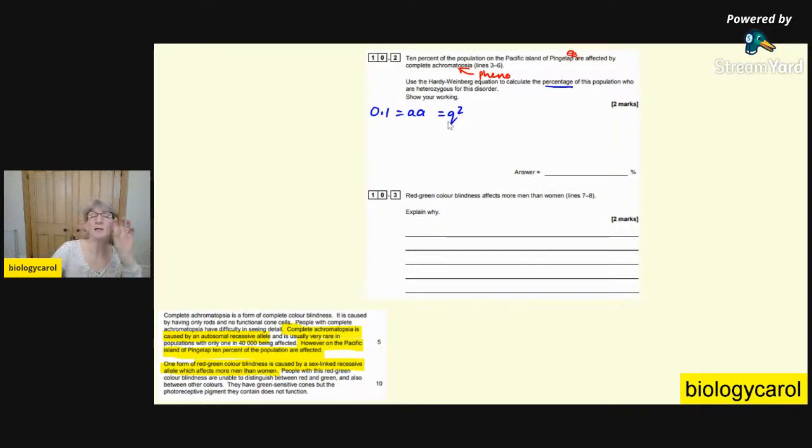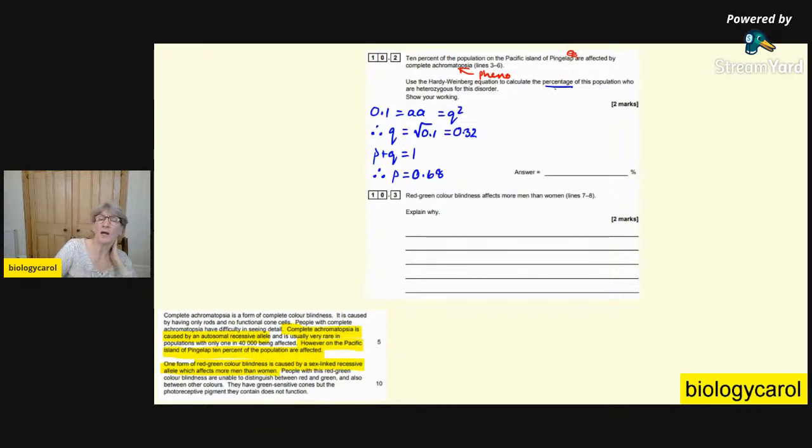Q squared is the homozygous recessive genotype, q times q. So 0.1 equals q squared. Notice that it equals q squared, not q. So therefore q is 0.32, the square root of 0.1. Because the other Hardy-Weinberg equation, p plus q equals 1, this means that p is 0.68.